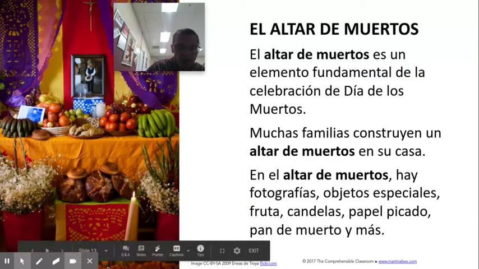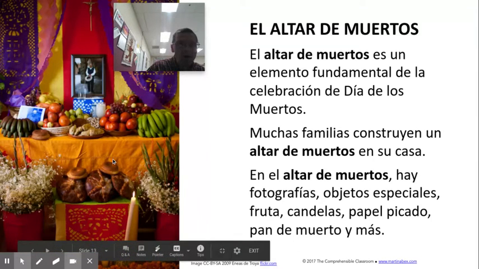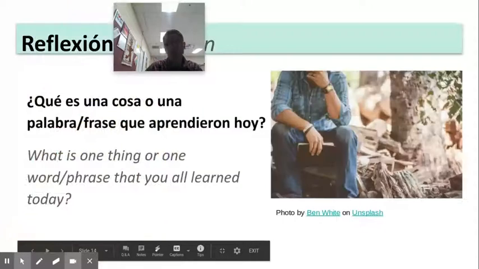I know there's another one here that you can't see because of the thing right here, but that's a candela. Papel picado. So aquí está papel picado. Aquí está más. Y pan de muerto. Aquí hay mucho pan de muerto. Y aquí son flores. Hay flores también. Muy bien.